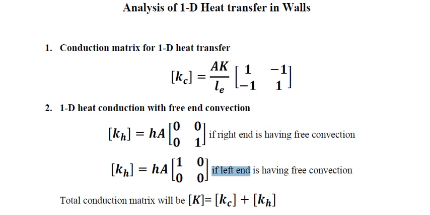So in end convection itself there are two types: one is right end convection, the other one is left end convection.